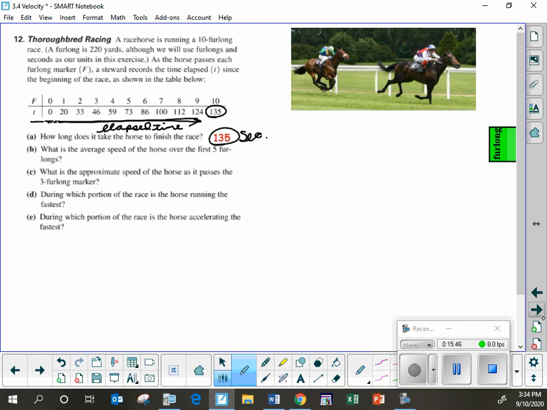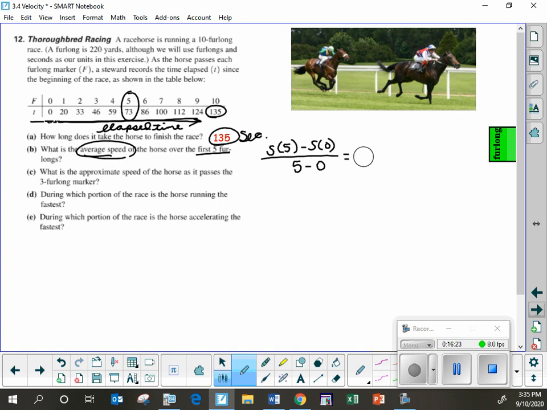What is the average speed of the horse over the first 5 furlongs? It asks for average speed, so we want to take the position S of 5 minus S of 0 over the time frame 5 minus 0. So we're looking at displacement over change of time. Oh, I'm reading this backwards.